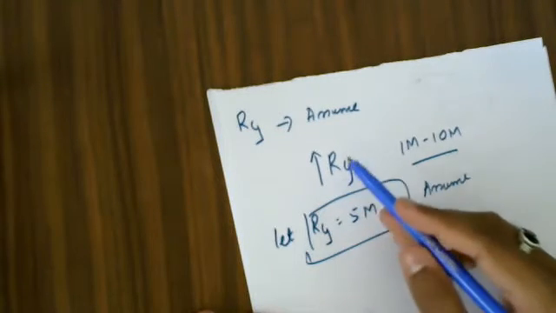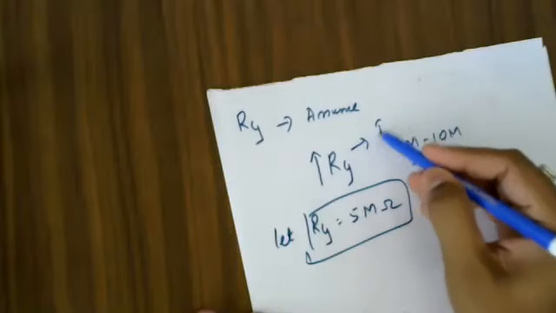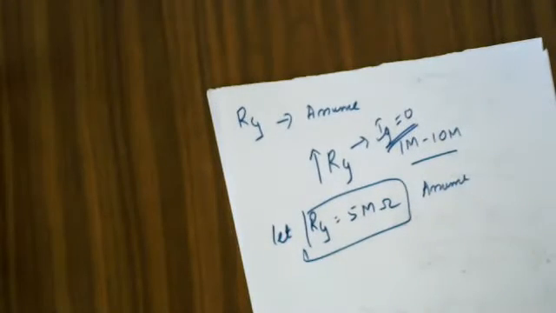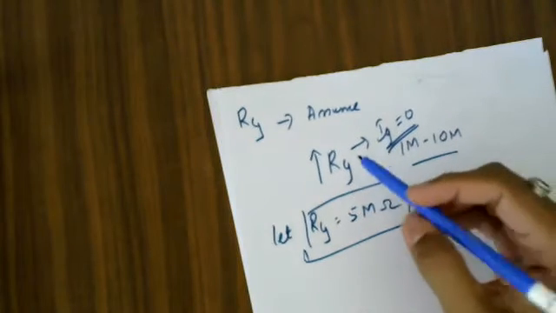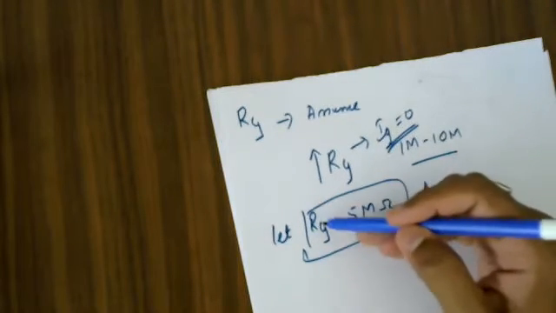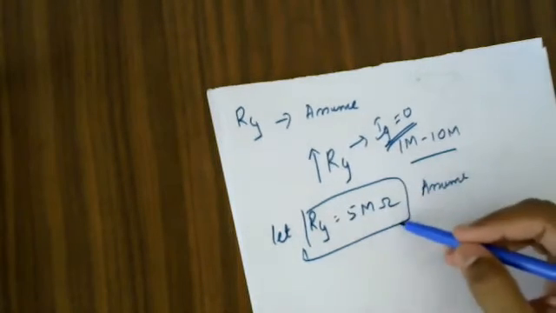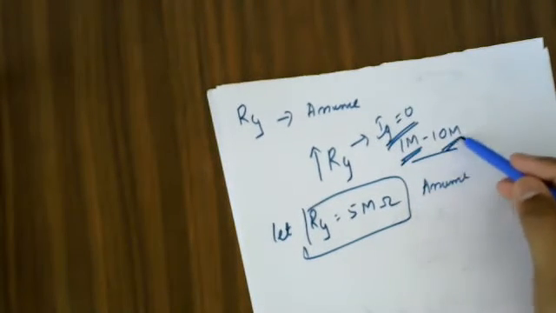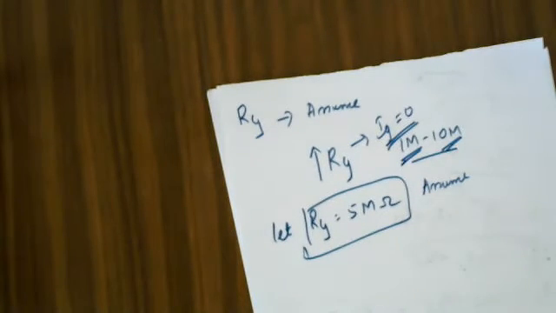I'm selecting the value of RG with only one intention: my ID should be almost equal to 0. So in MOSFETs, we are nowhere going to compute the value of RG. Instead, we assume the value of RG between the range of 1 mega to 10 mega ohms. Is it clear to you?